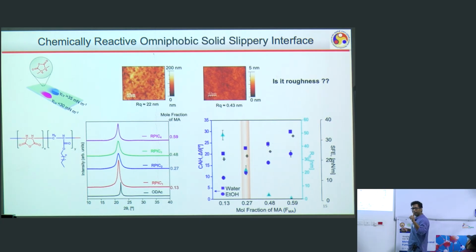So if roughness were the crucial factor, then this mole fraction should have been considered the best for the slippery property. But we found that the mole fraction 0.27 is the best to achieve the least contact angle hysteresis, and it works for both high surface tension liquid as well as low surface tension liquid, that is, water and ethanol. Okay.